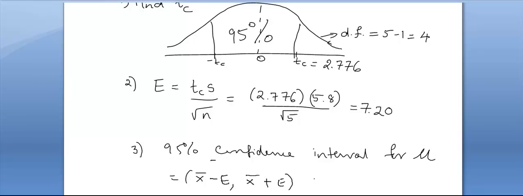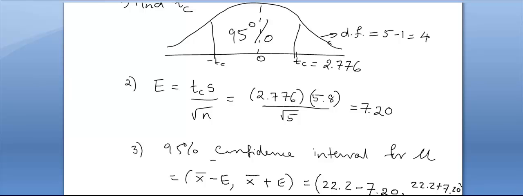It's given by this interval. So x bar we know is 22.2. So 22.2 minus the error which we calculated as 7.20, comma, 22.2 plus 7.20.